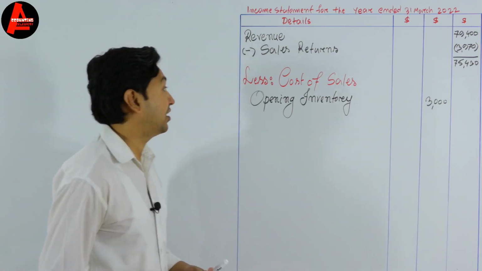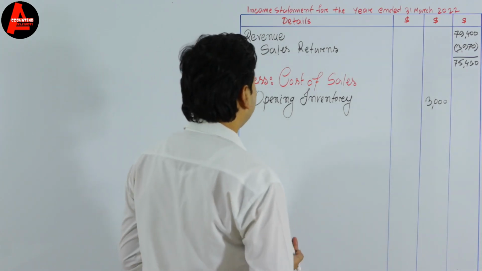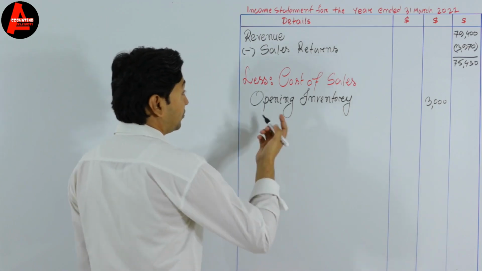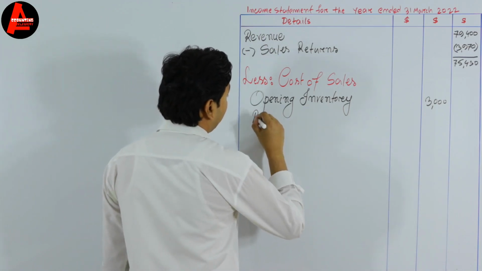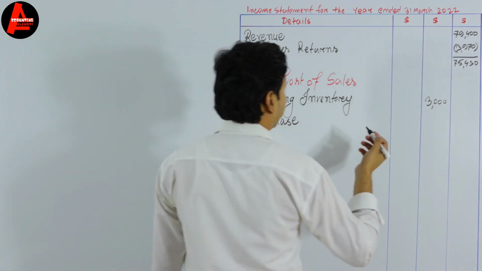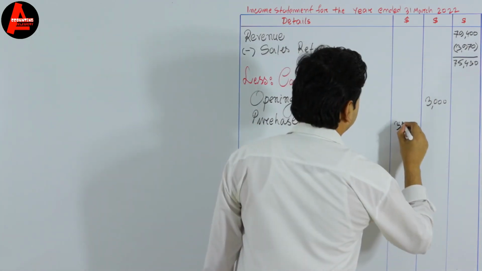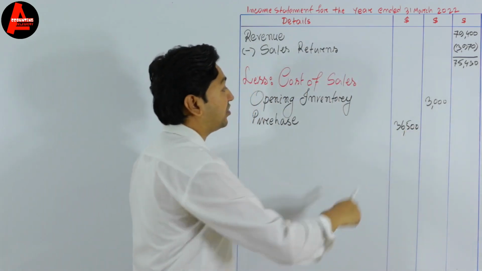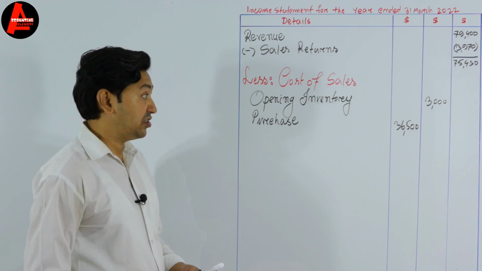Then we will write here purchases. We'll add purchases to the opening inventory. So we have purchases here $36,500. We wrote it on the first dollar column because we have calculations with the purchases.